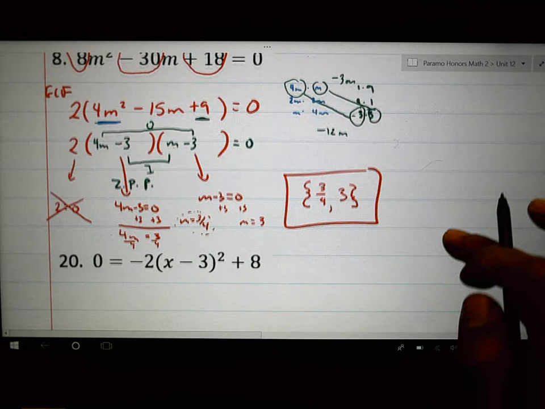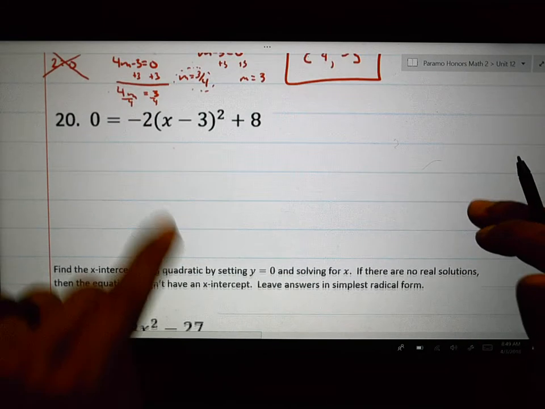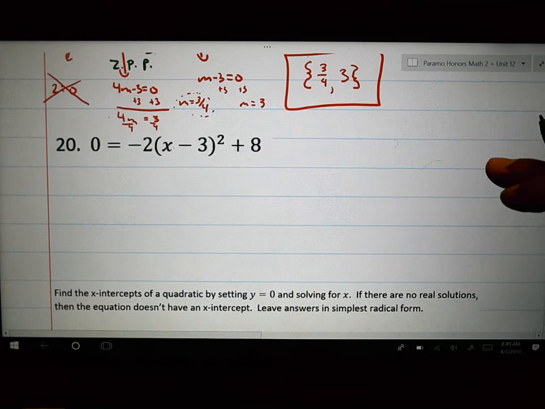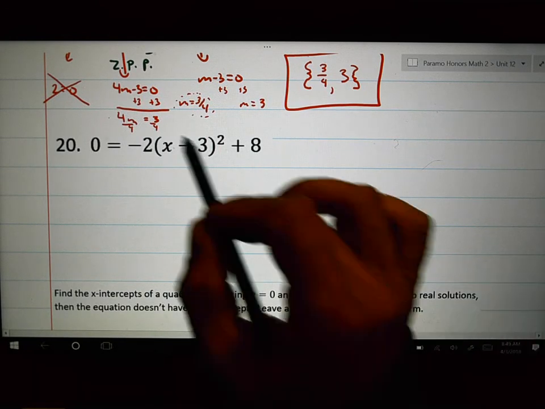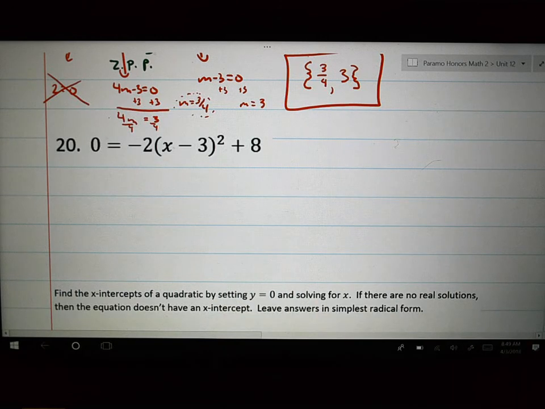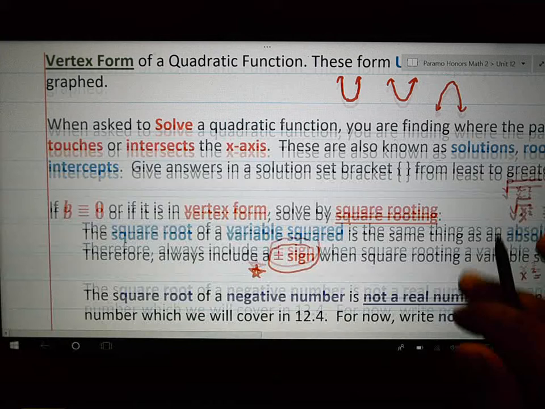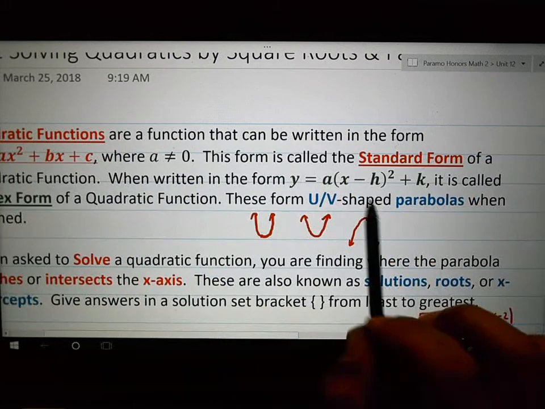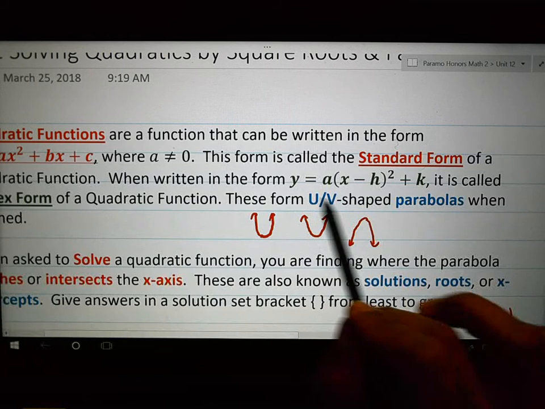Okay, second example, number 20. Is there a b value for this one? This is in vertex form. If you look at the vertex form, let me go all the way back up here to the top. Here's my vertex form. Is there a b value that's here when it's written in this form?